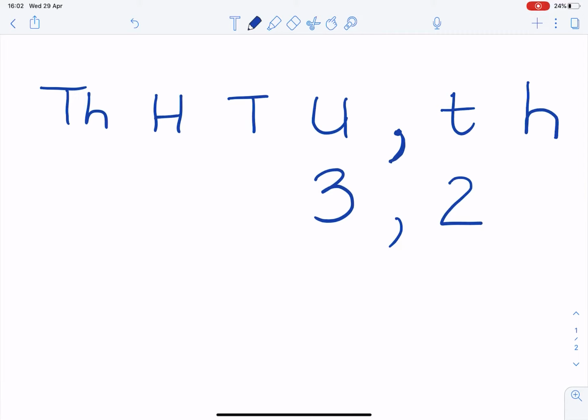This is the decimal comma. It separates the whole numbers from the fractions. So 3 is the whole number, the comma is the decimal comma, and the 2 is the fraction part of the whole number.